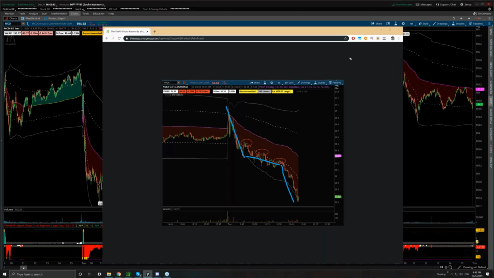So let's draw, using the blank space on the screen as an example, a variant of a flag that retreats up into nearly a majority of the move down. So the initial flagpole down, there's upward consolidation against the trend before it resumes and goes lower.